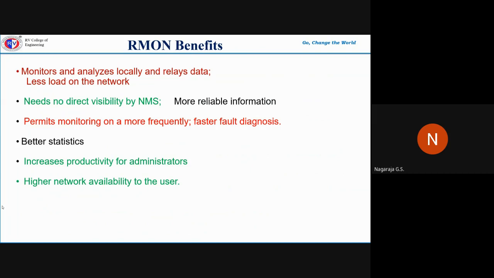Because of that, any kind of diagnosis which you want to identify happens at a very fast rate. That's where we talk about faster fault diagnosis. Better statistics is a most important point, because whatever you want to explore with respect to your network resources, you can extract very easily.